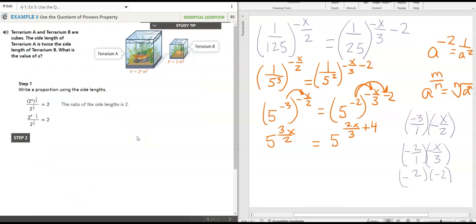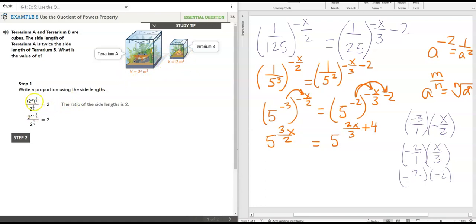And then in this word problem here, we're focusing on the quotient of power properties. We're looking at 2 terrariums and their side lengths. The side length of A is twice B, and we want to know what X is. So they wrote this out here because they know that if they take terrarium A and divide it by terrarium B, they'll get 2.